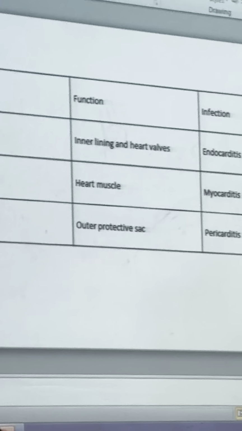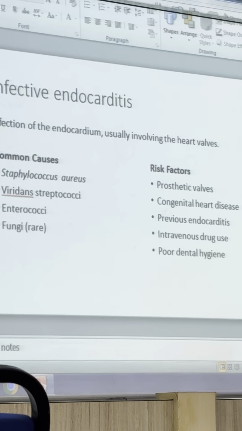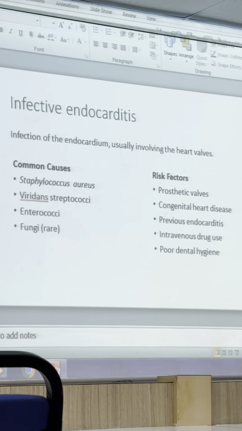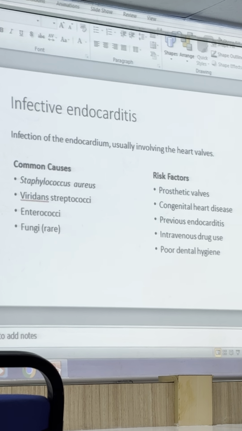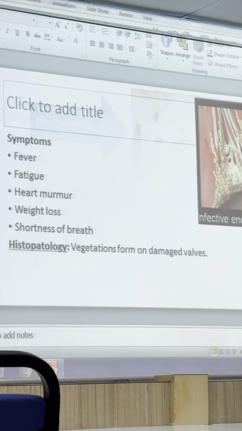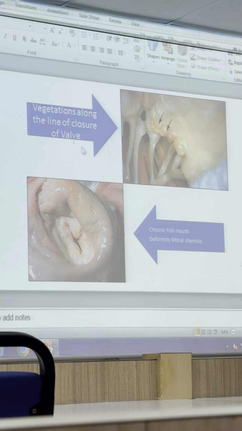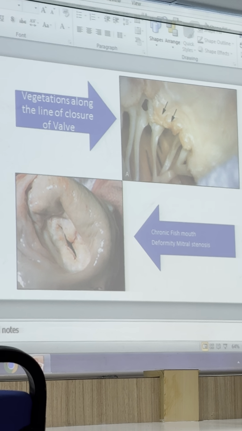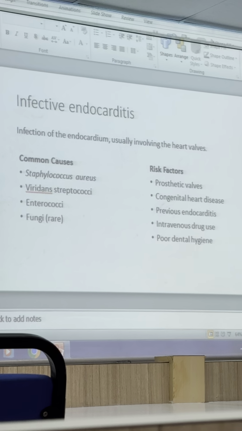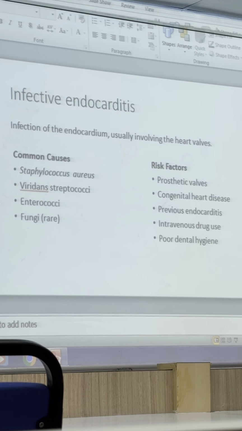Myocardium. Likewise, you should be able to answer such questions. These are important topics for your MCQs. Vegetations in the heart are seen in which disease? Infective endocarditis. So these are the topics which are important for your MCQ content.